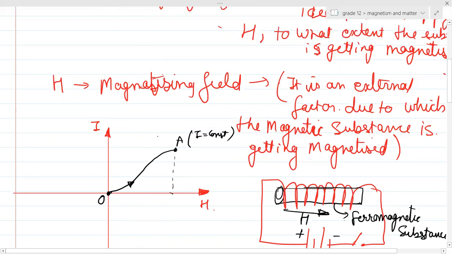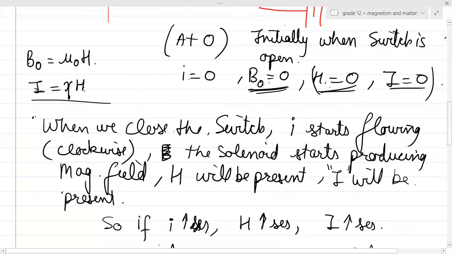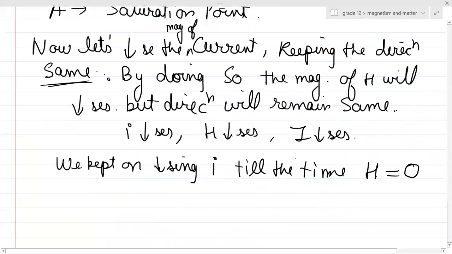But this does not happen. What happens in this case? The graph does not go back to O, it goes to this particular point. Let's name it B. So the graph which was supposed to go back from A to O does not go from A to O, it goes from A to B. I'll tell you the reason also.